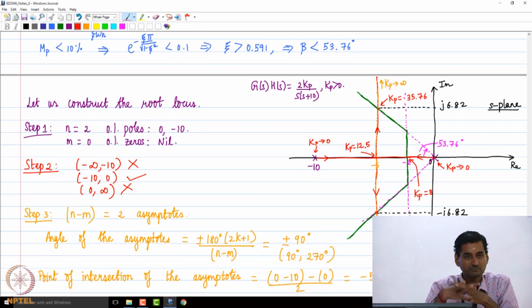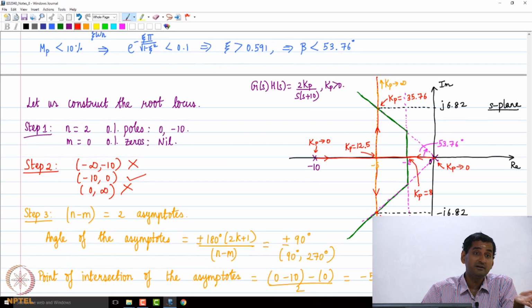Now I know I can calculate this mathematically. Is there a logical explanation for why Kp is 35.76 in the lower half as well? Okay, because we are dealing with a symmetric root locus. If you are going to have two closed loop poles at the same value of Kp, think about it this way: Kp is a parameter. Let's say you substitute Kp equals 35.76, you are going to have one closed loop characteristic equation with some constants as parameters.